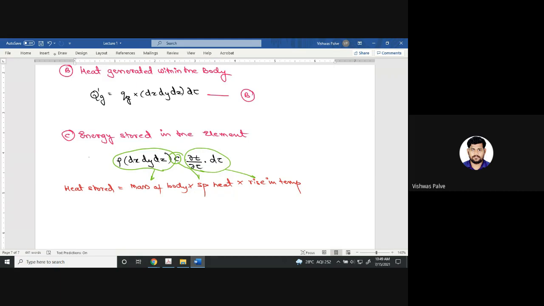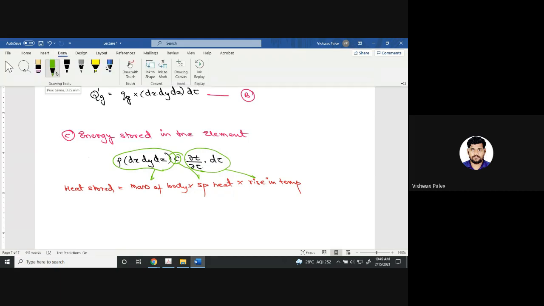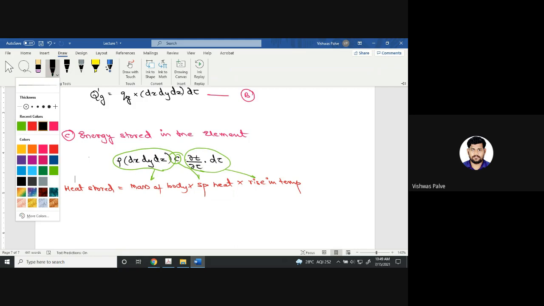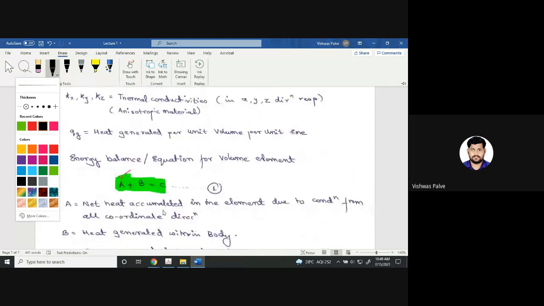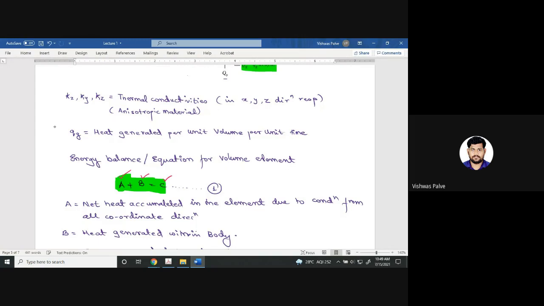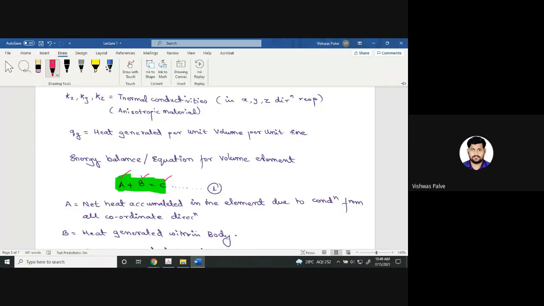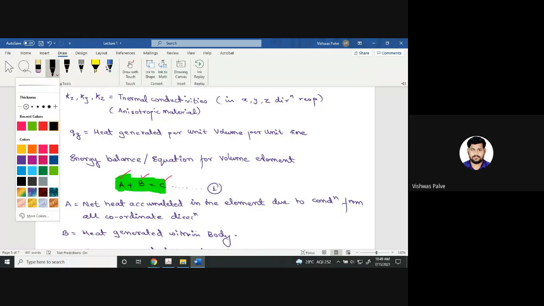stored inside the body. Now let us come back to our original equation which we have written. That is our first equation, A plus B is equal to C, right? So from this we have the term A with us, we have term B with us, we have term C with us. Now rewrite that equation.